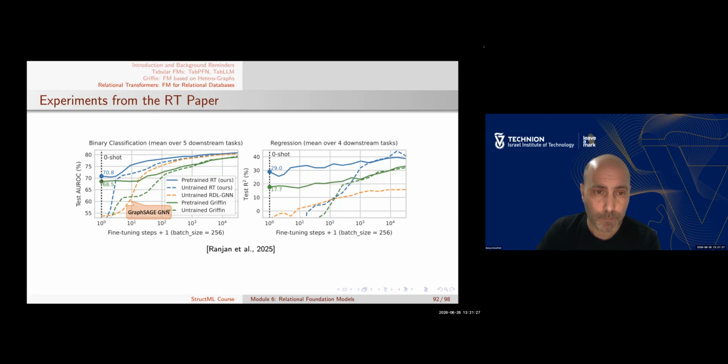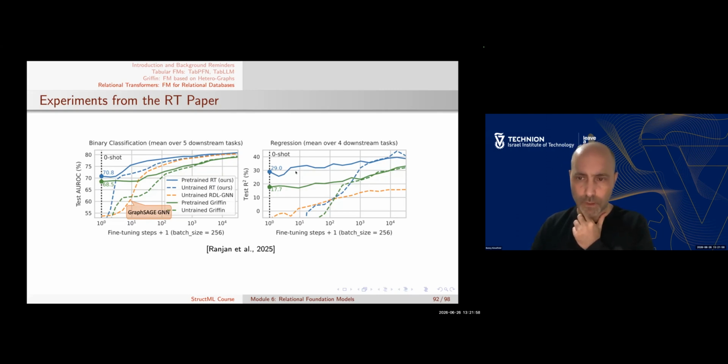And as they increase the number of steps of fine-tuning, they eventually all match. So the advantage is really in this area where you don't need too many examples, or you don't need to retrain the model. You just use it in context.